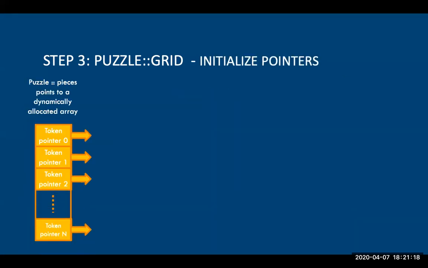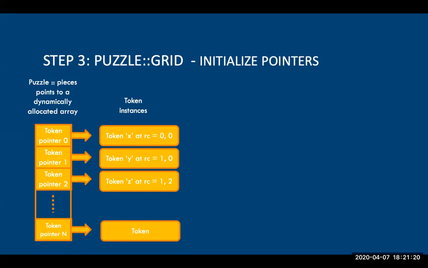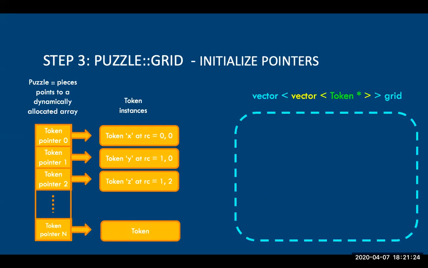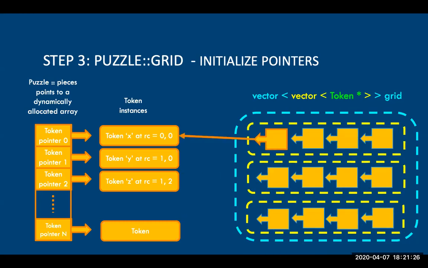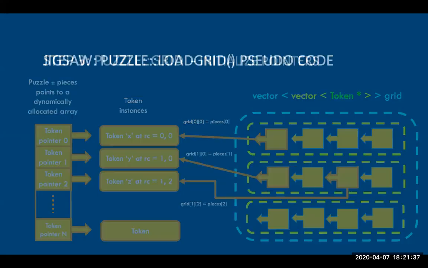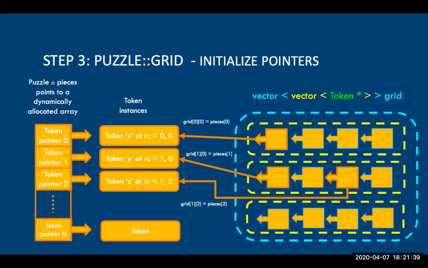But essentially, given that you have this dynamic array of token pointers and the tokens, and you've got this grid with these null pointers in it, you're going to find each one of those pieces from the pieces array and put them in their proper locations inside of the big grid. So once you're all done, you'll have copied the pointers over. So you will be referring to this token here twice.